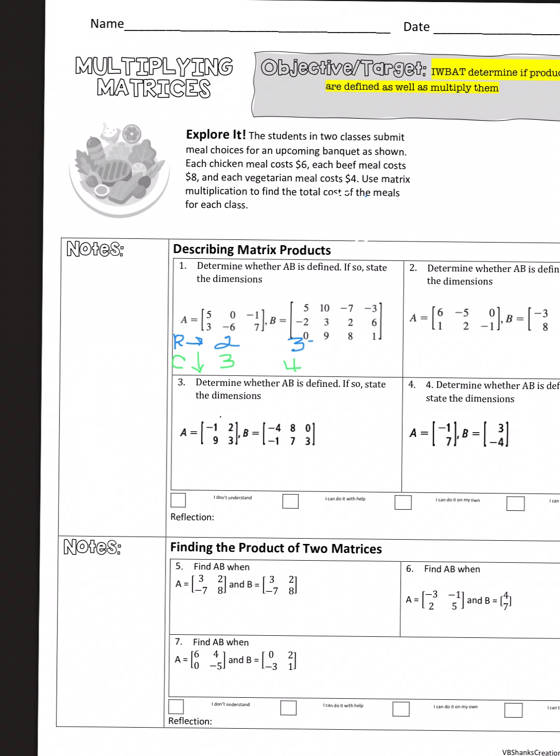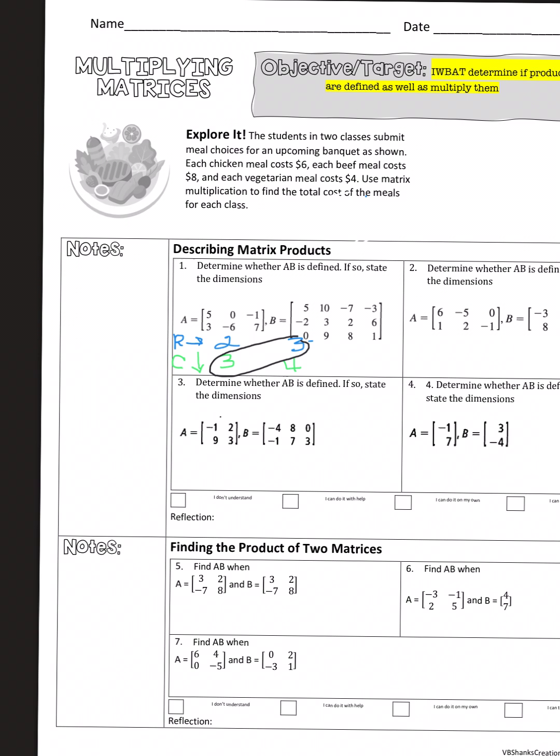So in order to tell if it's defined, if the columns of one of the matrices is equal to the rows of the other matrix, it is defined. So how I determine this is I'm going to draw a diagonal circle, or I guess this is more of an oval. But I'm going to go like this.